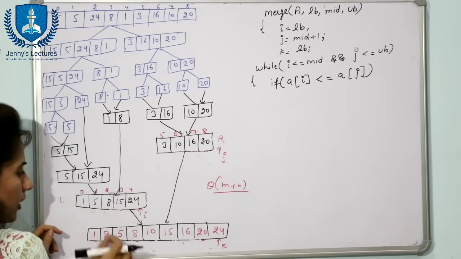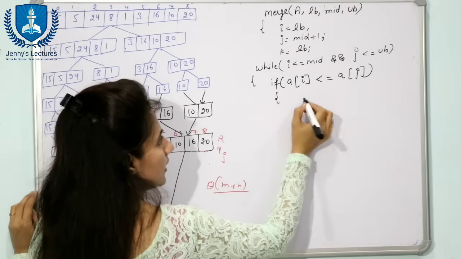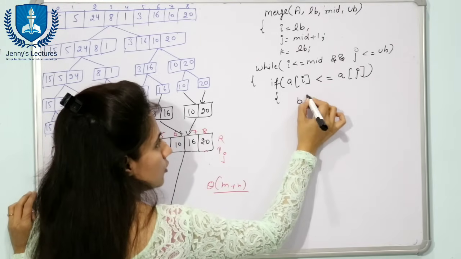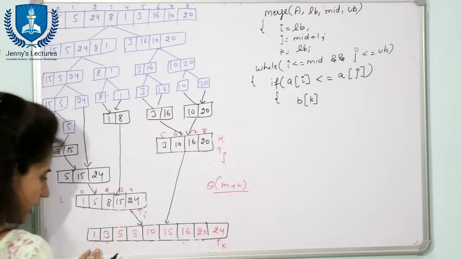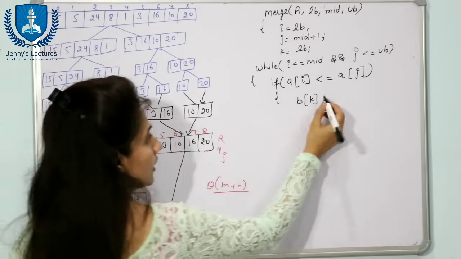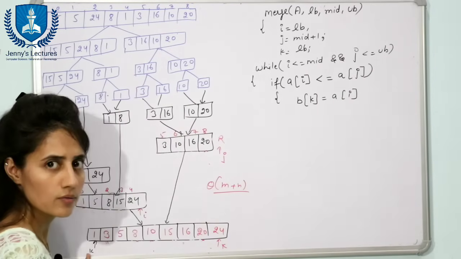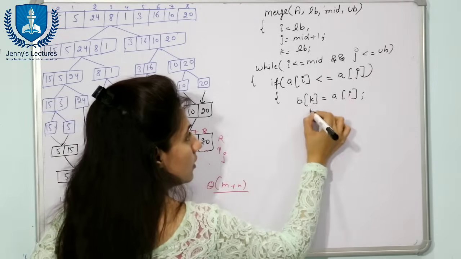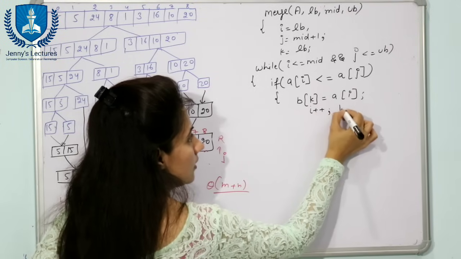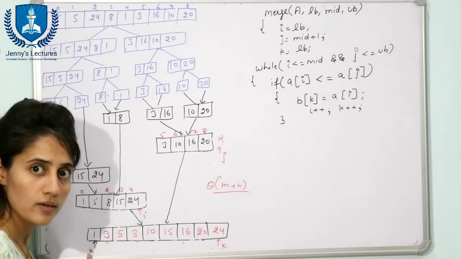You will put this a of I into this array. So we are going to take another array, whose name is b. So b of k, see, we have taken one variable k, so b of k is equal to a of I. Fine. And next what we have done? I plus plus and k plus plus, right?